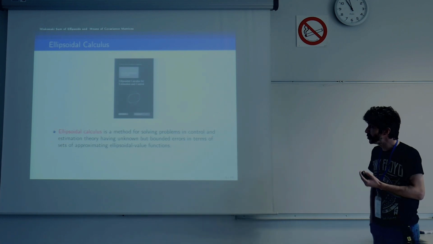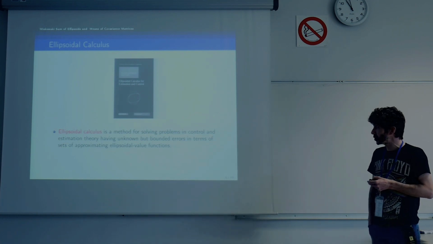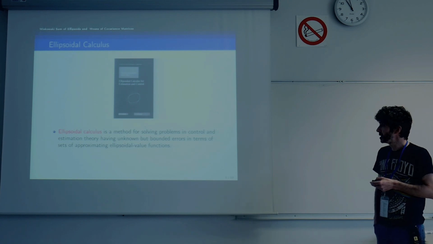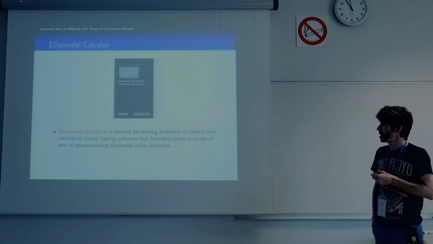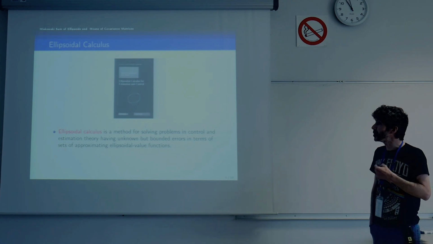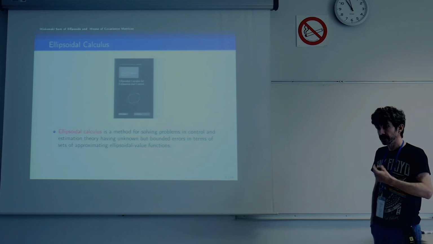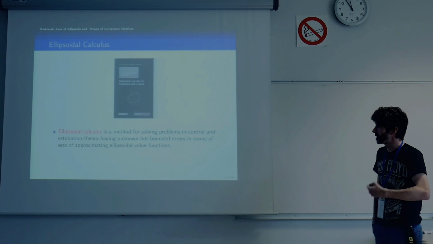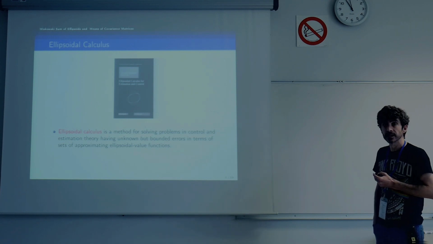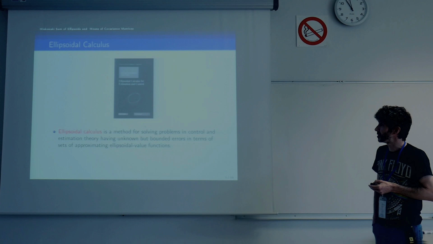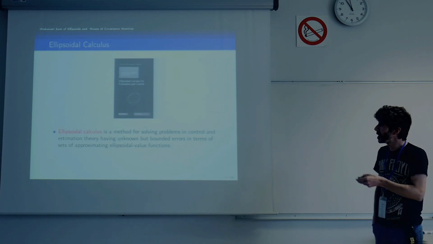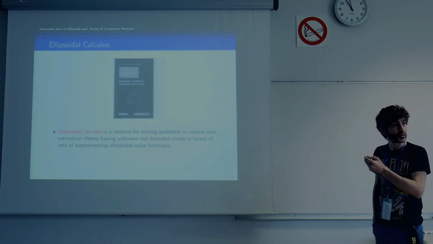This community considers solving problems in control and estimation theory such that the information is represented by sets, and they try to approximate the different steps in the optimization and all the stuff they need by ellipsoids. So basically all the results I will show you are proved by this community.